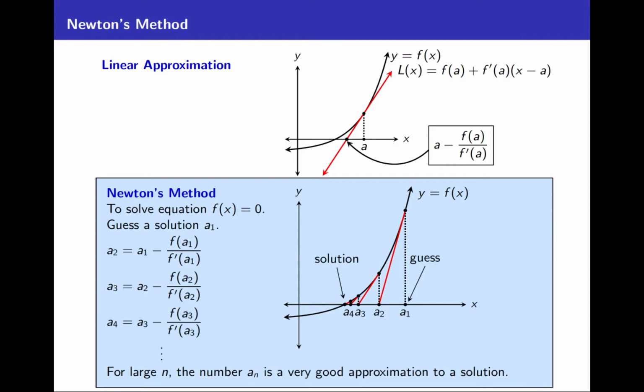And in practice, you'll find that if your guess is good, you might get a solution that's accurate to 6 or 8 or 10 decimal places by about a sub 4, a sub 5, a sub 6, something like that. And we'll see that in our examples.